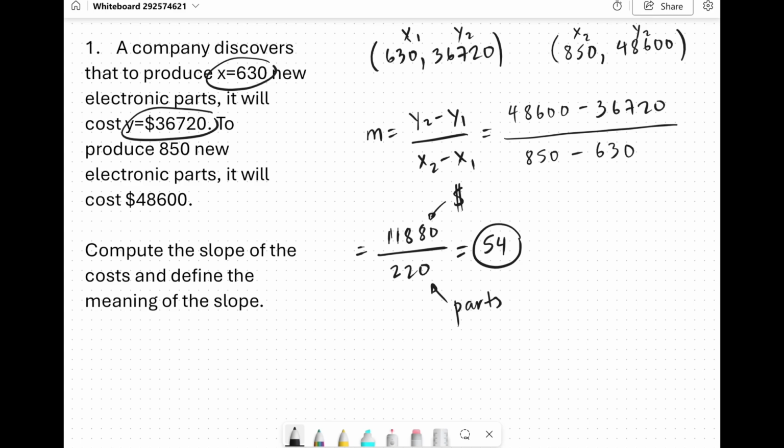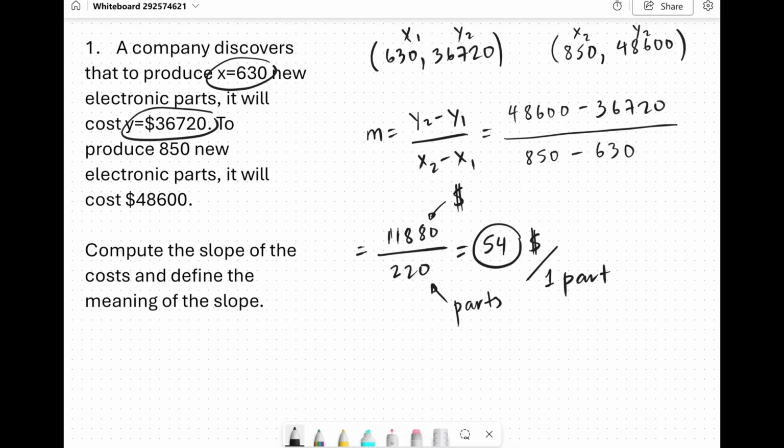So when we divided 220 into 11,880, we got $54 per essentially one part. We did not write that one, but that's there, per one part. So the meaning of this slope is the price that it takes to produce one electronic part per part.